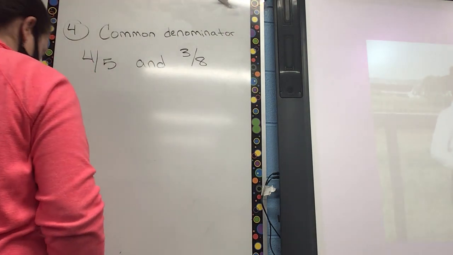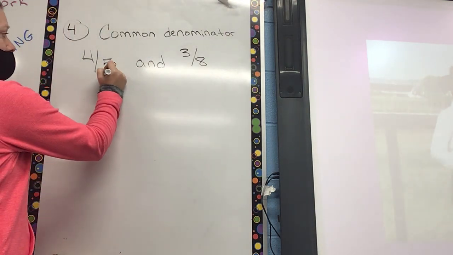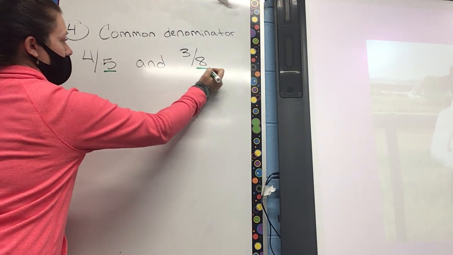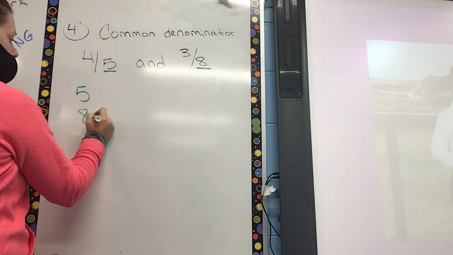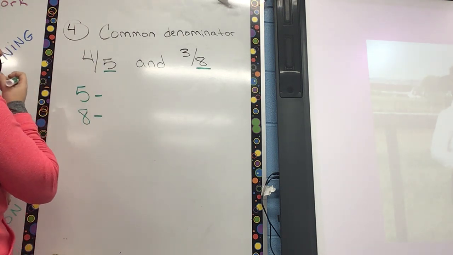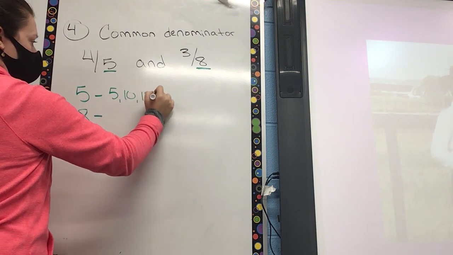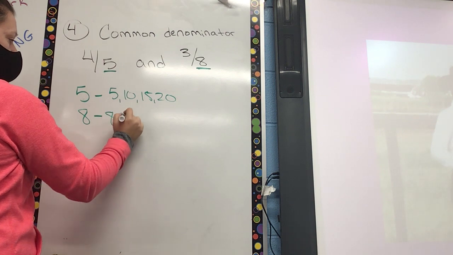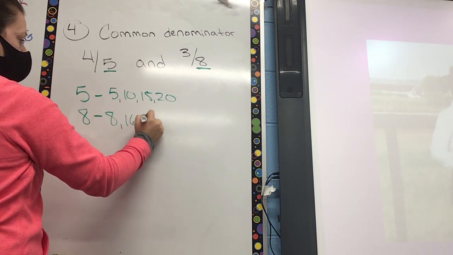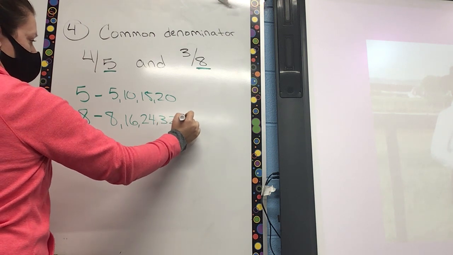What is my common denominator here? So I look at my denominators, 5 and 8. Okay, so I need to go ahead and make my list of my multiples, right? Yes. All right, so of 5, ready? 5, 10, 15, 20, 25. Of 8, 8, 16, 24, 32, 40.